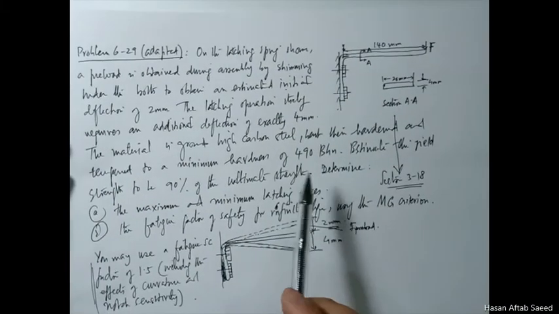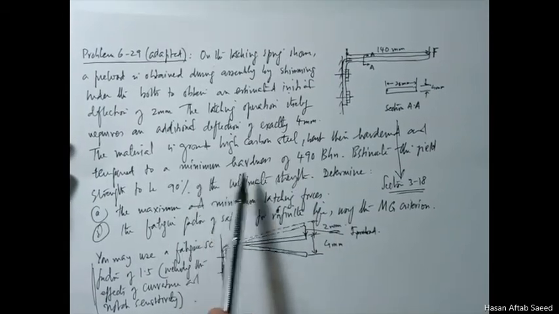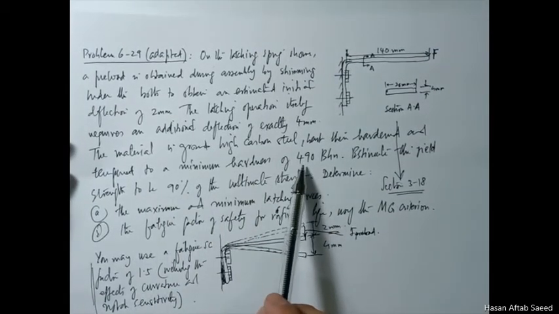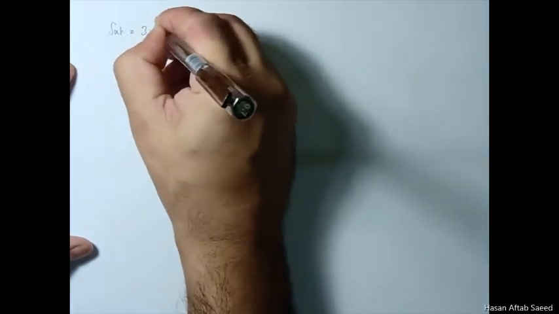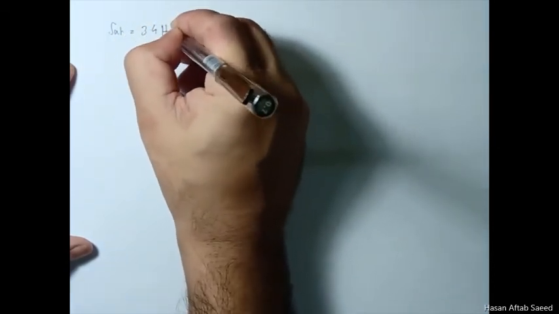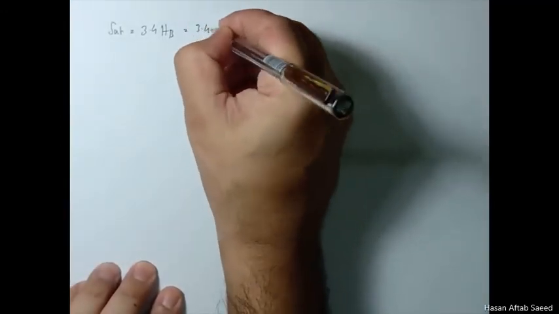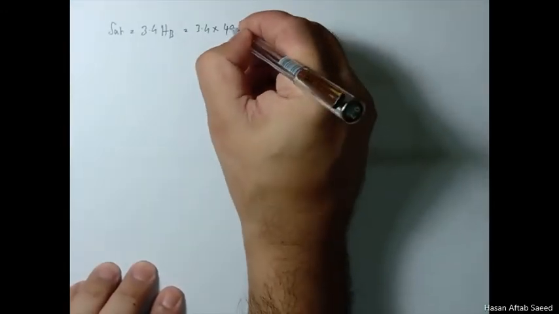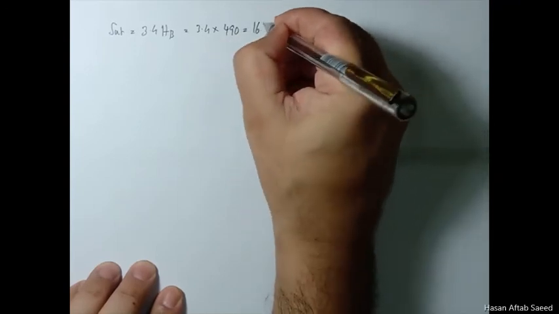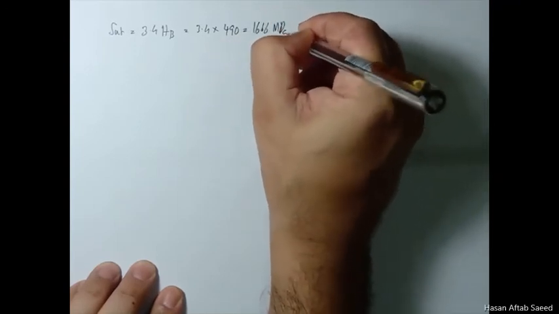Refer to the question statement. Now we have a very useful expression for Sut, which is nearly equal to 3.4 times the Brinell hardness number. Now 3.4 multiplied by 490 gives us 1666 MPa.